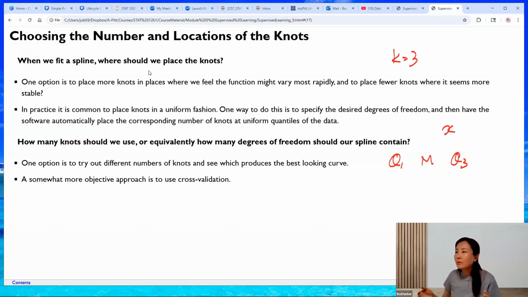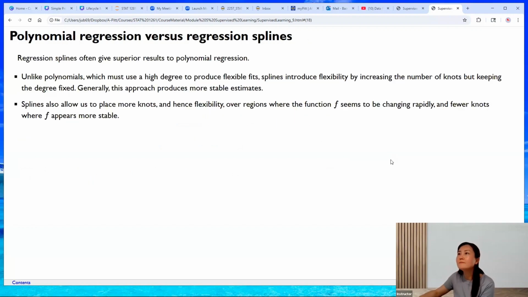So this is the uniform way of placing the knots. And how many knots should be used? One way is to use cross-validation, or you can try out different numbers.